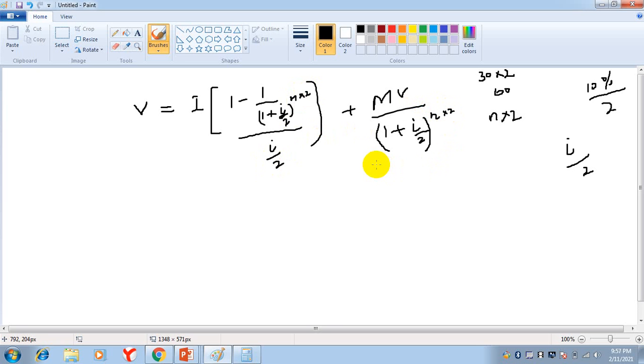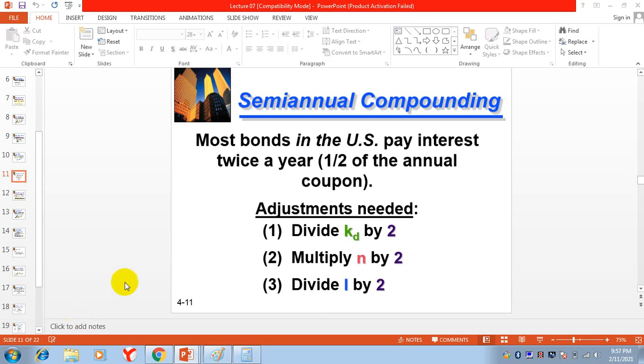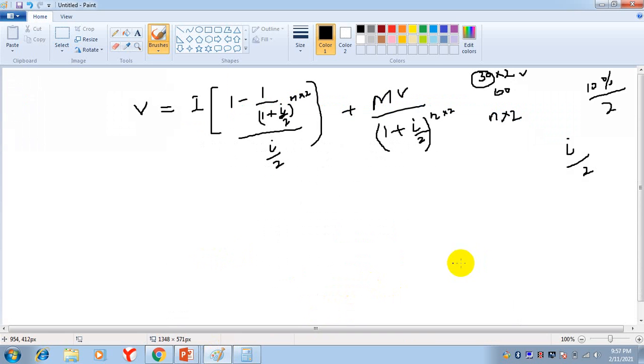If you are receiving interest 2 times a year, in 30 years you will receive interest 60 times. And then the third adjustment, divide I by 2. Previously the coupon was $80.